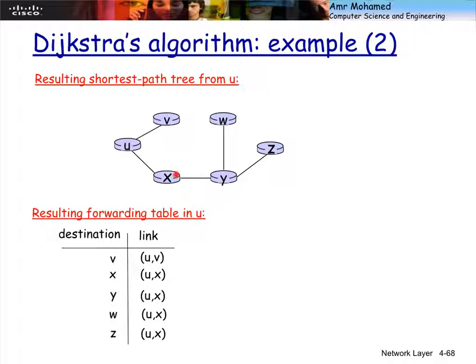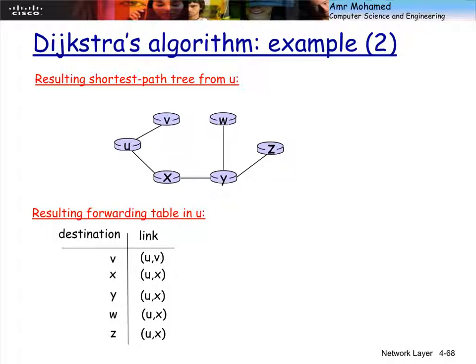And I will assume that when I go to X, X will have another forwarding table which will allow it to go to Y, and then Y will have another forwarding table which will allow it to go to either Z or W. But all these nodes have a global view of the entire network.